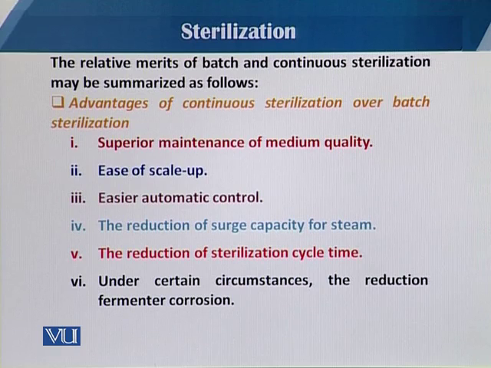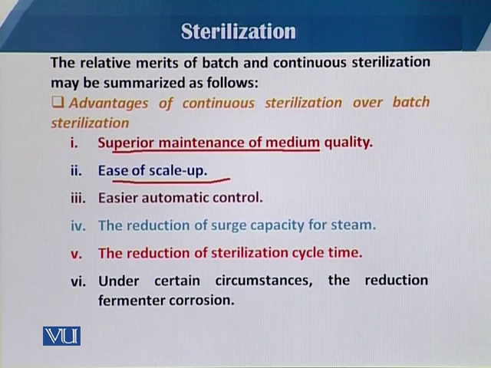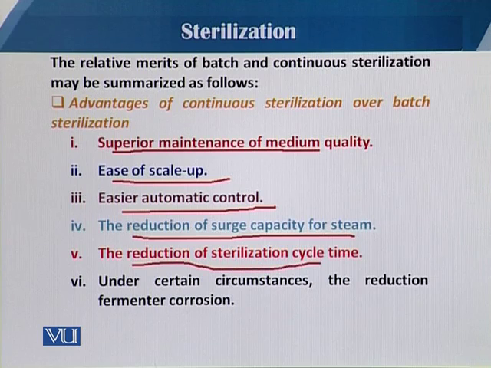As concerned the advantages of continuous sterilization over batch sterilization, we can say that continuous sterilization is superior in maintaining medium quality. In this case we can give a high temperature for a short time, so it is better to maintain the medium quality. It is also easier to scale up, has easier automatic control, reduction of surge capacity for steam, and reduction of sterilization cycle time.